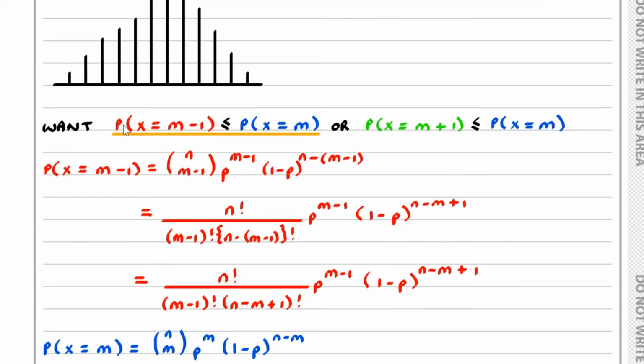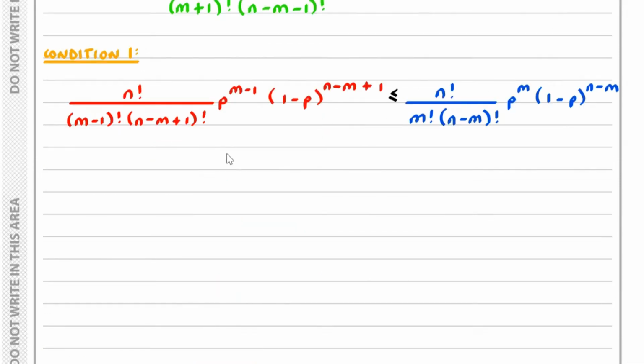Now, let's first of all consider this condition here. For this condition, we've got the probability that x is equal to m minus 1 being less than or equal to the probability that x is equal to m. And those expressions are shown here. Now, what we need to do is simplify all this. First of all, you will find the n factorials cancel on both sides.